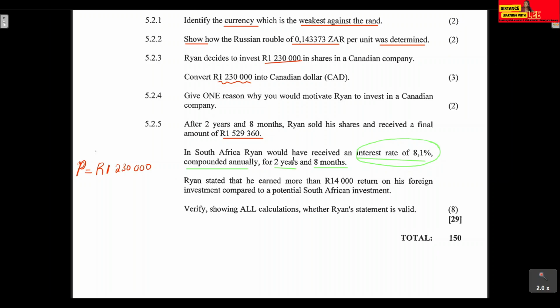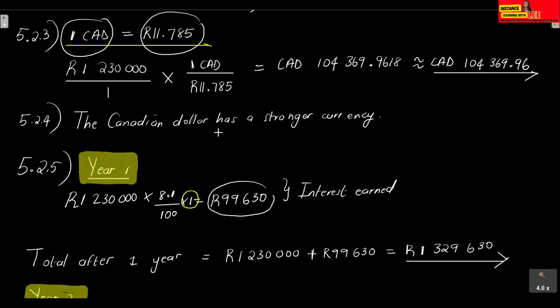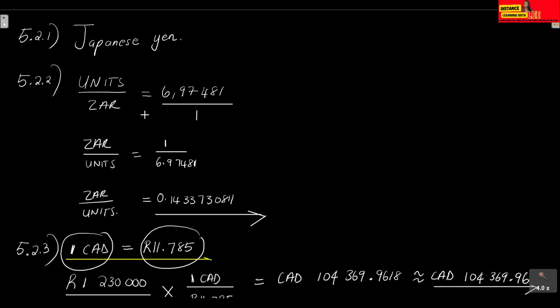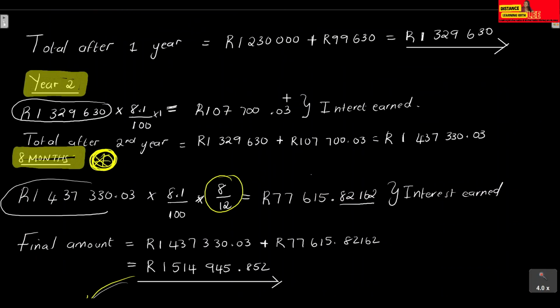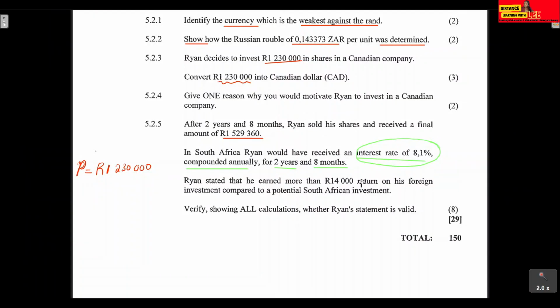You need to show that you understand that the interest is calculated not only on the principal amount of 1,230,000, but on the added interest. So here, interest is calculated on interest. That's the special thing about when you calculate interest using the compound method.